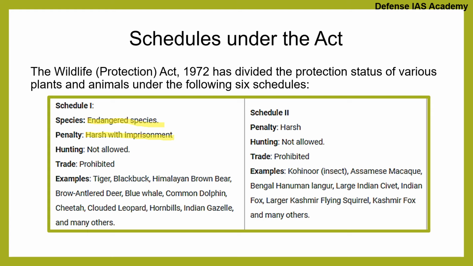Now the species under this schedule are prohibited to be hunted throughout India except under threat to human life or if the animal has a disease that is beyond recovery.